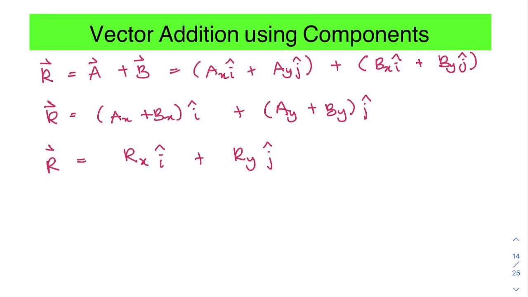In conclusion, what does Rx mean? This is actually Ax plus Bx. What does Ry mean? This is actually Ay plus By.